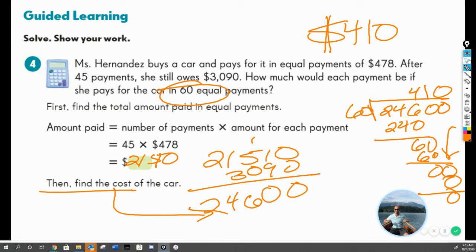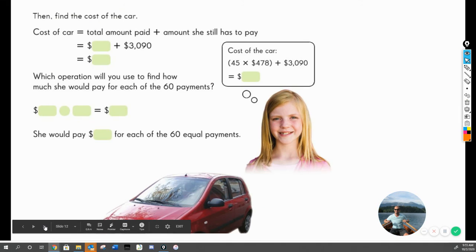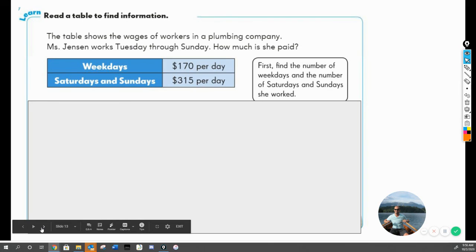Let's see if that's where they land. Because that's where we landed, right? Okay, we did the total cost of the car, then we did the division, and then we did the $410. That's what we really did there. All right, do this one, pause, and then I'll share the work.